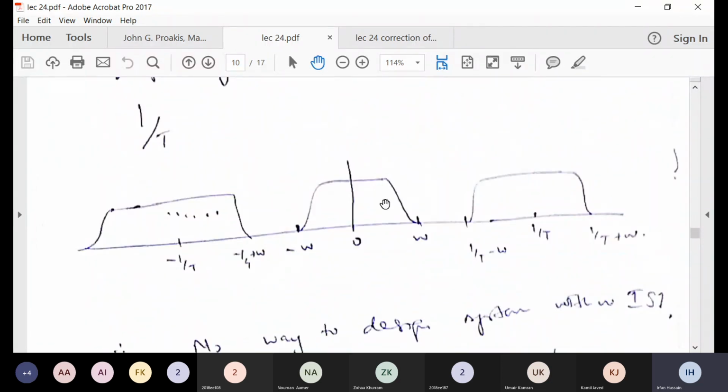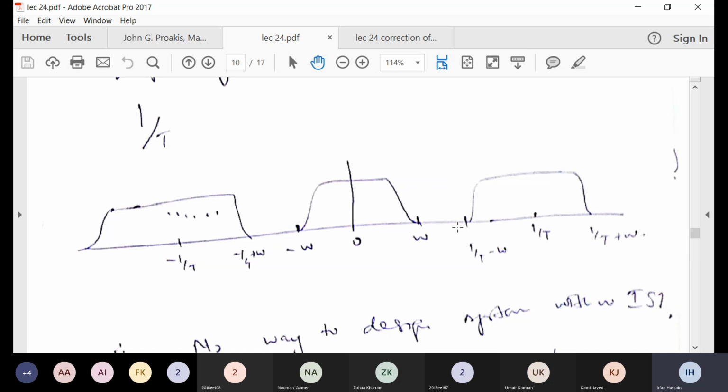because you will have non-overlapping replicas of X(f), which will be separated. For example, you can see this was your, let us say, X(f) going from minus W to W, right? And this is your replica of this thing, but this is replicated at 1 over T. And you can see that this 1 over T is greater than this W plus W. This is also W, this is also W. This 1 over T is greater than 2W. So you will have this much band where you have no response, and it is not satisfying the condition of height of T. It is only satisfying in this range, it is not satisfying.